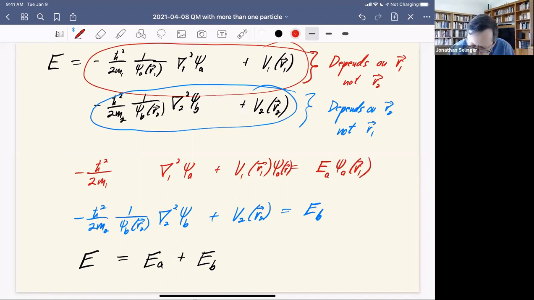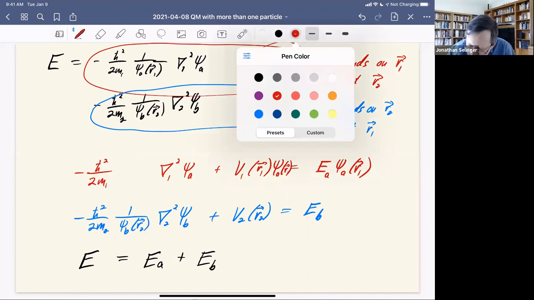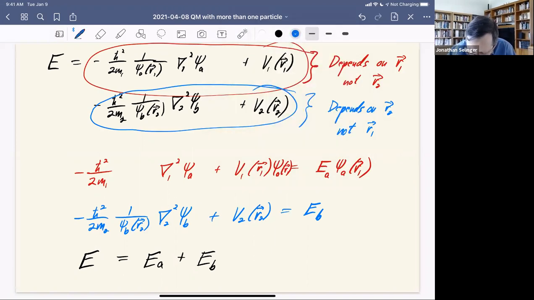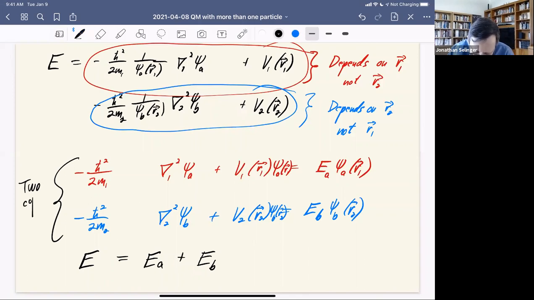And here, you multiply through by psi B of R2, psi B of R2. So this is now two copies of the time-independent Schrodinger equation.